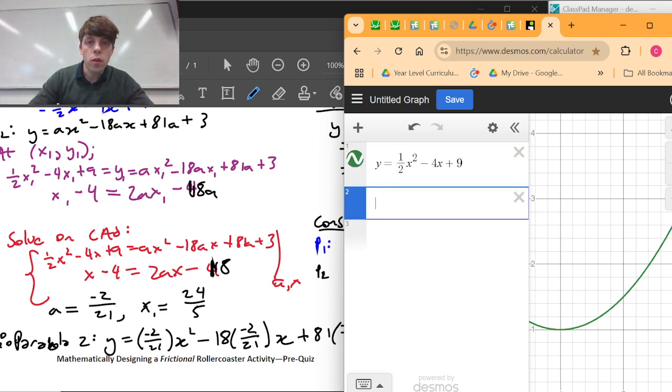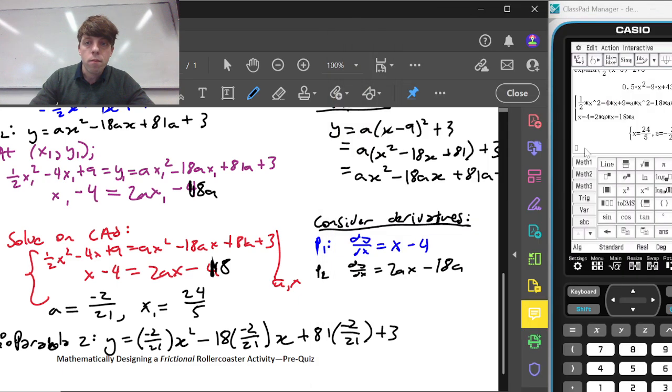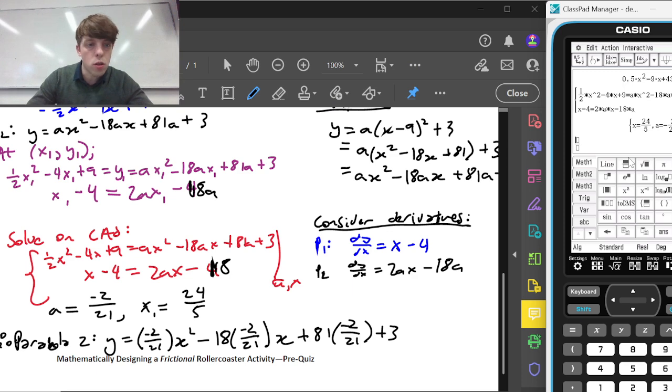Now, just to wrap this up, we can simplify this down on the CAS. I think if we just type that in as an expression straight up, it should simplify it for us. So we can say negative 2 over 21 times x squared minus 18 times negative 2 over 21 times x plus 81 times negative 2 over 21 plus 3.